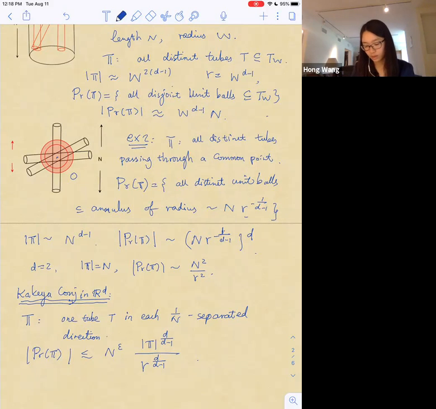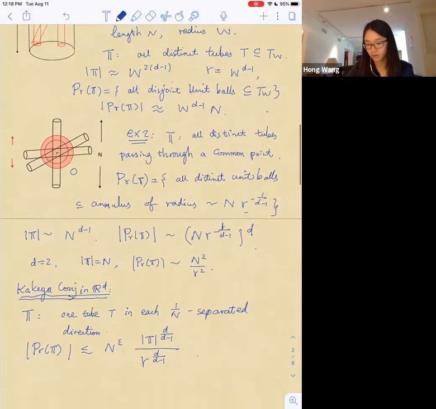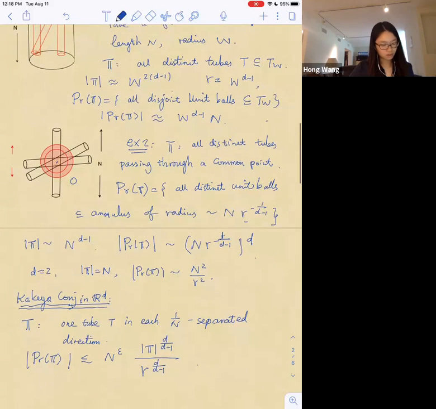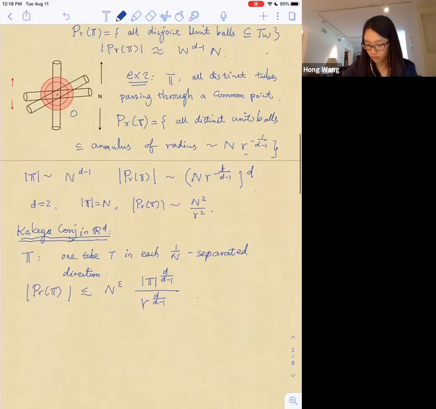So even though the Kakeya conjecture seems a natural conjecture, it is also connected to another question in Fourier analysis that seems also natural. That is the restriction conjecture.